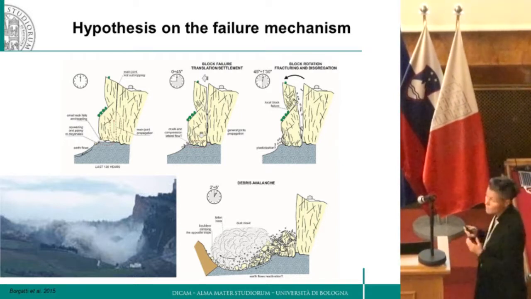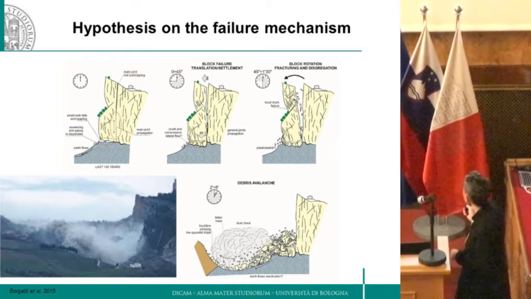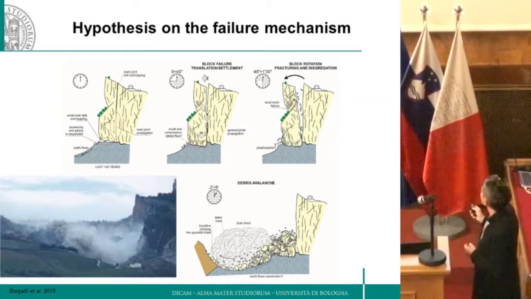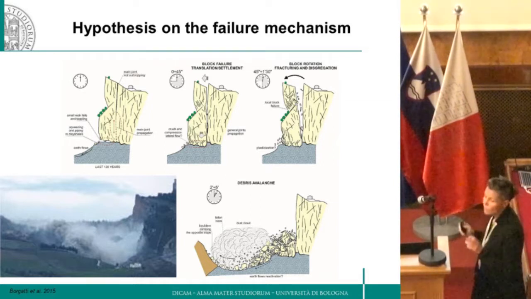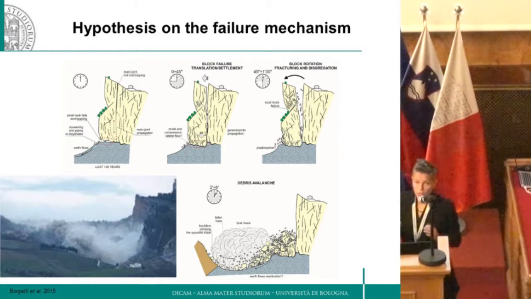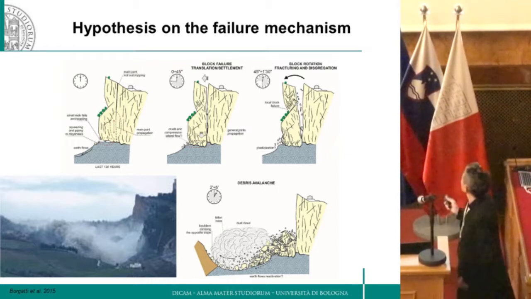Then the rock block was completely disaggregated, and a sort of debris avalanche took place. This is a picture of the event taken just during this phase, so the debris avalanche phase. Okay, but this was a hypothesis because we didn't have any data about this possible evolution. So this is just a cartoon.